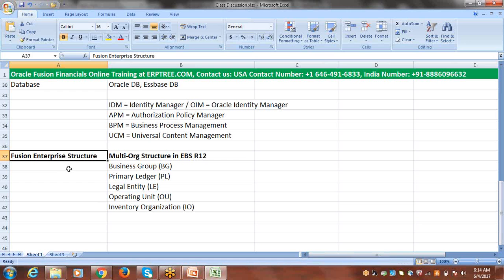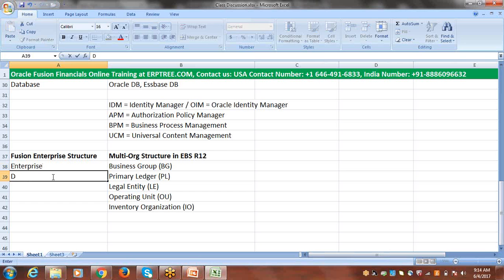So when you talk about Fusion enterprise structure, how is the hierarchy? The top level in EBS multi-org is the business group. The same way here in Fusion, the top level is the enterprise. Under enterprise we have divisions. Under divisions we have the primary ledger concept.